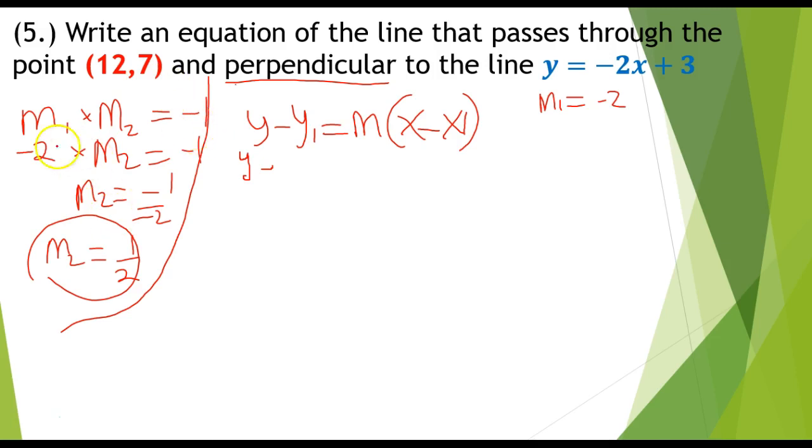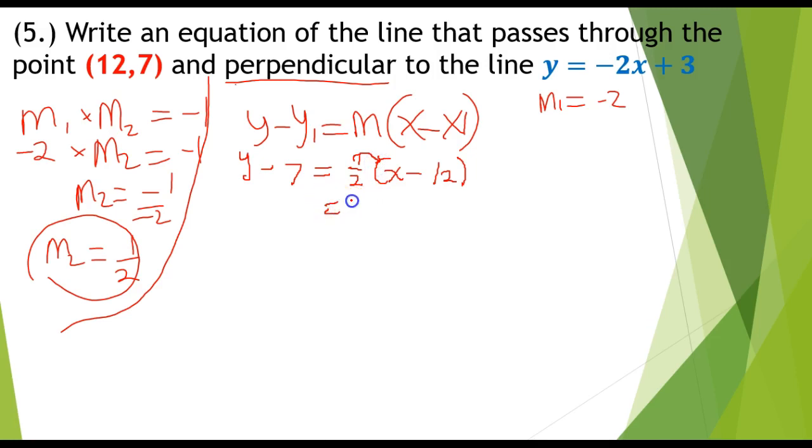Y1 is the 7. Our slope is 1/2 times x minus x1, which is 12. Again, be careful of the order. Make sure you put the right thing in the right place, so we can distribute here.